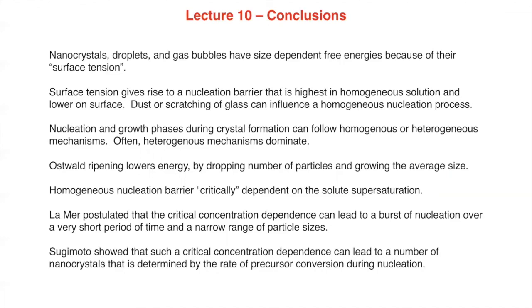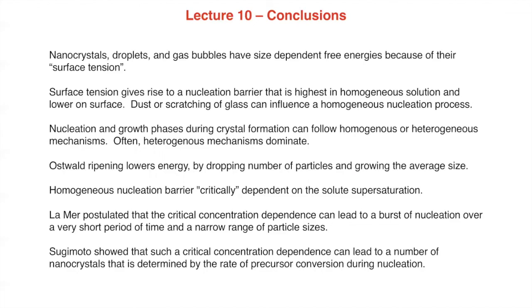Fewer connections at the surface means you pay an energy penalty. This gives rise to a nucleation barrier, which is generally highest in homogeneous solution. Things like dust or scratching glass can often generate a site for heterogeneous nucleation.